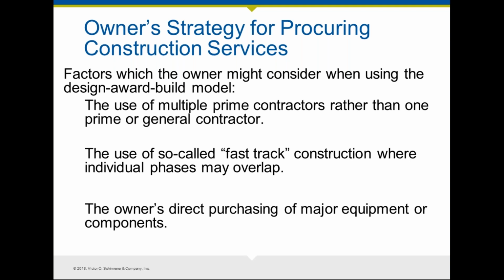But even within that model, there are several ways that the owner may decide to proceed. They can use multiple prime contractors rather than one prime or general contractor. This could mean that you have to break up the packages, the deliverables, into different setups so that the owner can better define what the contract documents are with the different contractors. The owner may well decide to use fast-track construction where individual phases may overlap.